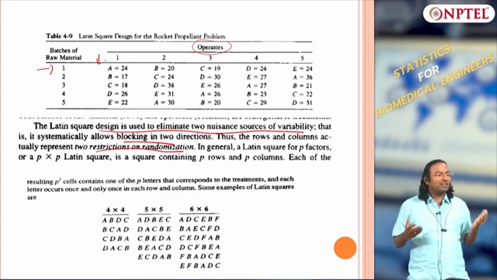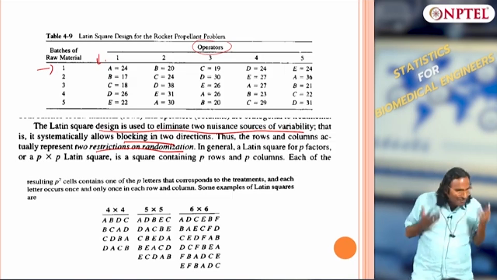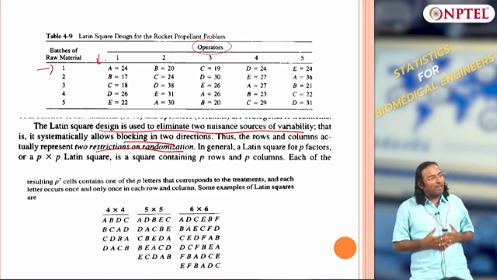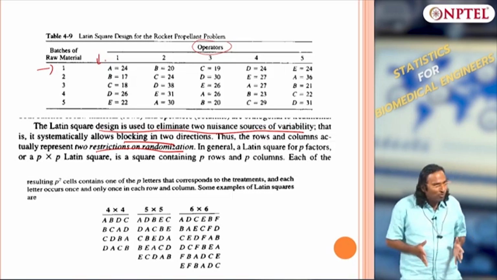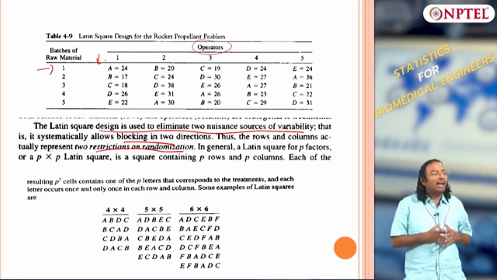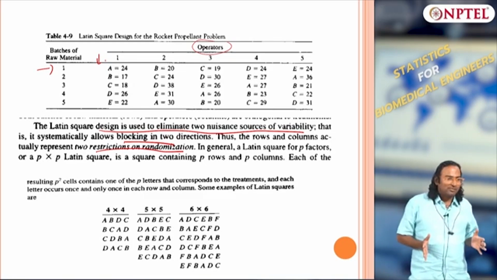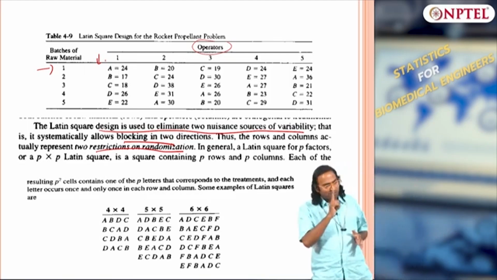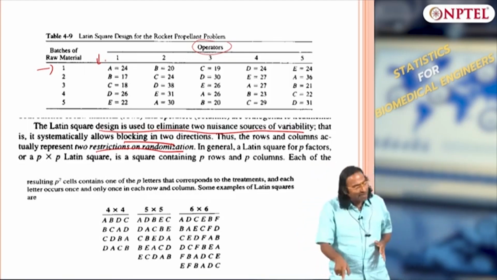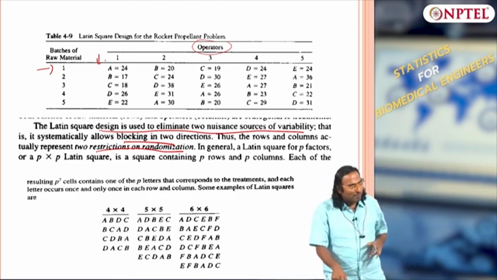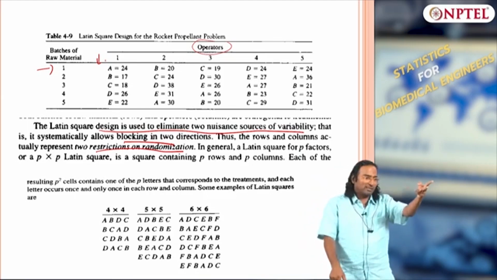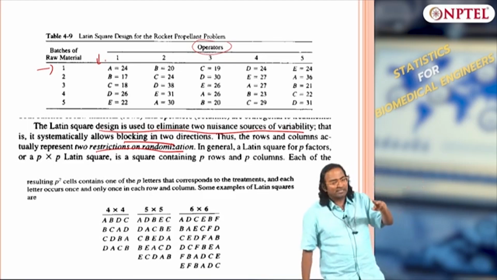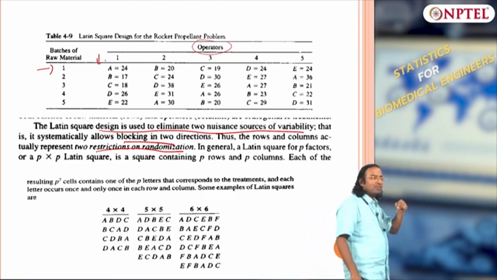So my null hypothesis will still be on tau, only on 1 treatment. I have 2 nuisance factors; one way or another only 1 factor is of interest. Still I am interested in only 1 factor, but my nuisance factors, instead of 1, have become 2.